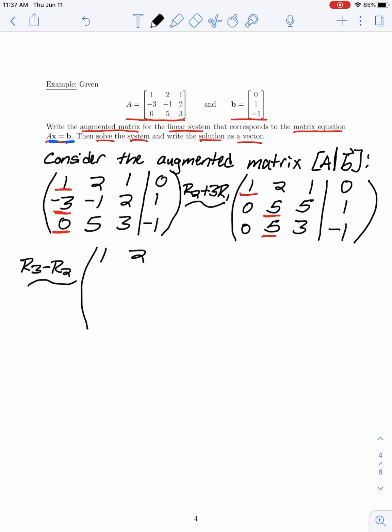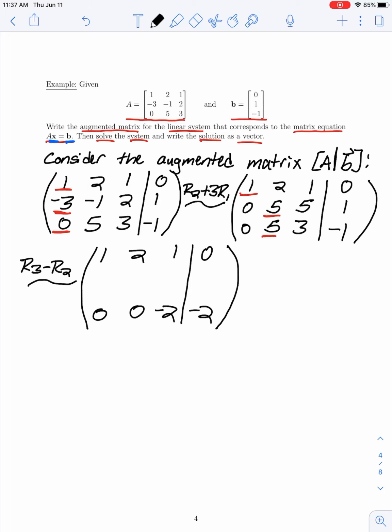I've got 1, 2, 1, and 0. Now, if I perform this row operation, let's see what we have for our third row. So I have 0 minus 0 is 0. 5 minus 5 is 0. And 3 minus 5 leaves me a -2. And performing that same operation on the right-hand side of our equations, I've got -1 minus 1, which leaves me -2.